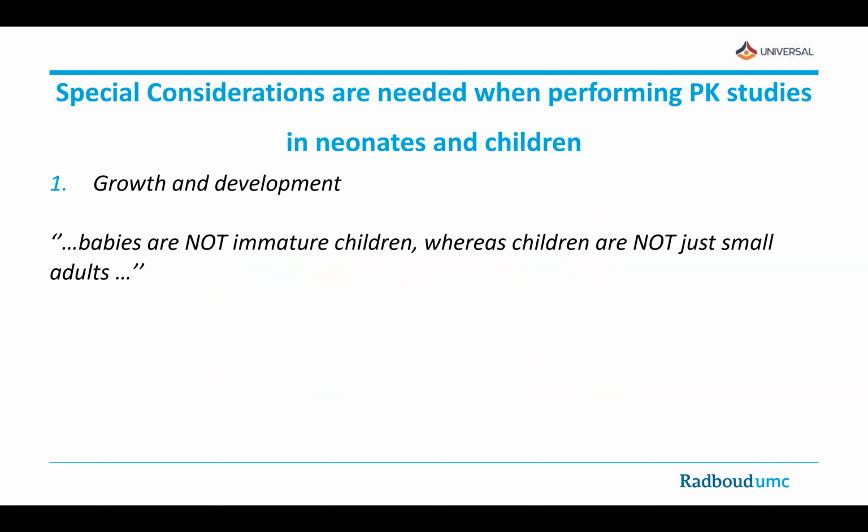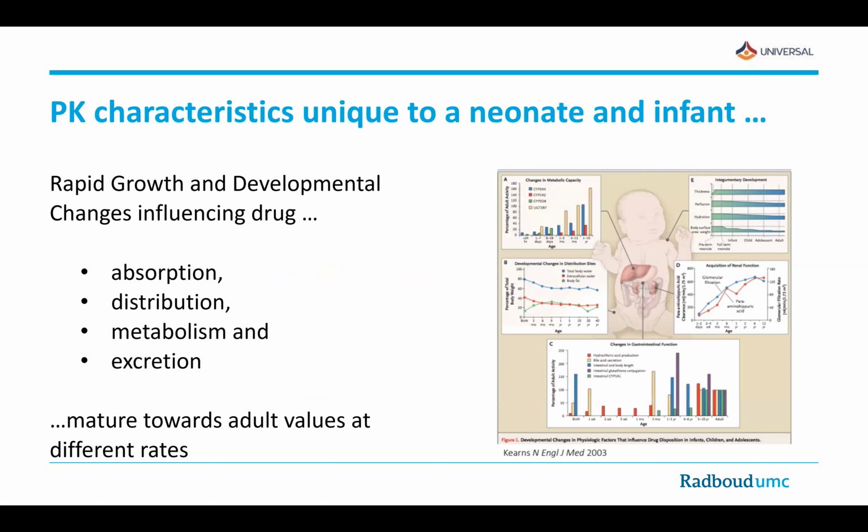Children are not just small adults, and babies are not just immature children. So when a dose for a child is determined, this cannot just simply be done by correcting for the weight of the child only. Children grow rapidly, and there are a lot of developmental changes in a short period of time. And all of these influence the pharmacokinetics of a drug.